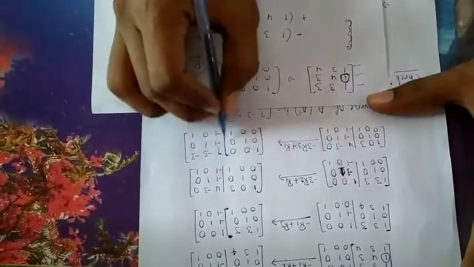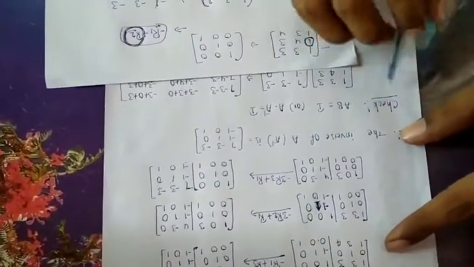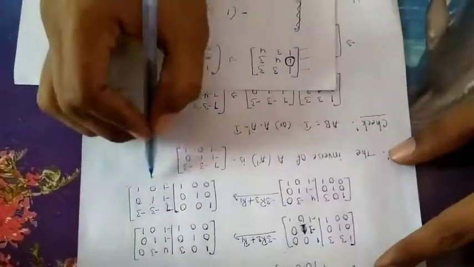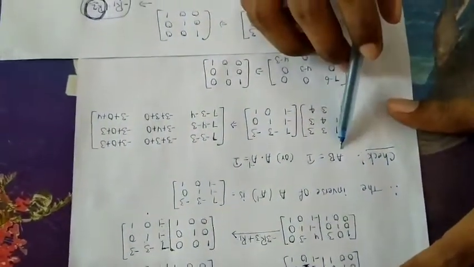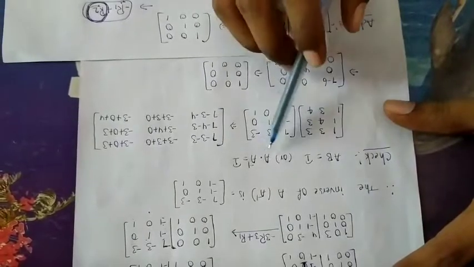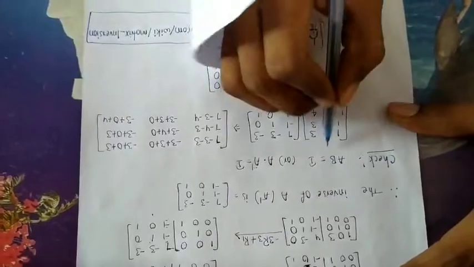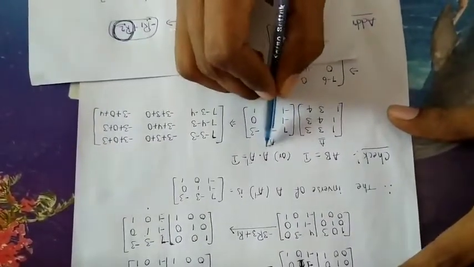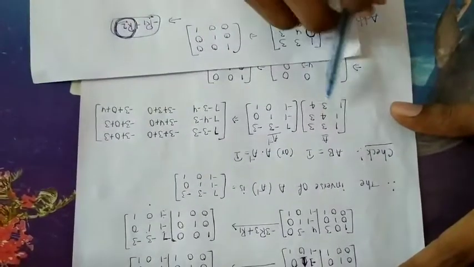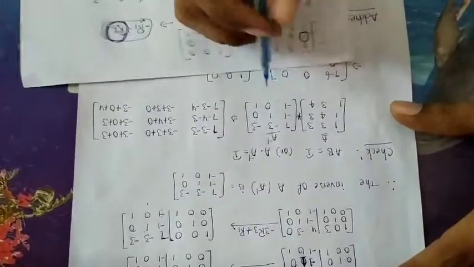Let us check whether the inverse matrix is correct or not, whether it is the inverse matrix of A or not. So let us perform AB equal to I. That is nothing but A into A inverse equal to I. 1 3 3 is A, which is given in the problem, and this is the inverse which I calculated, and both matrices are multiplied.